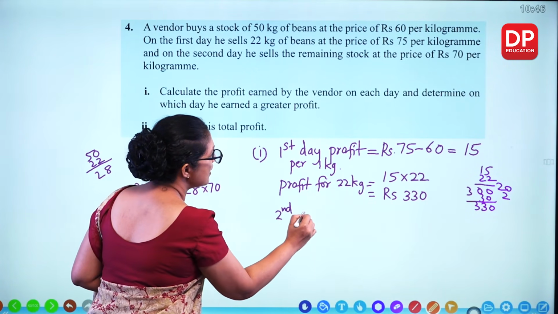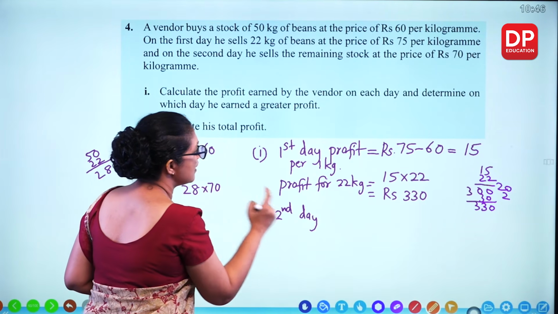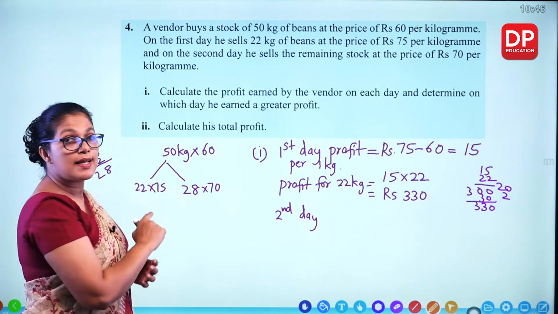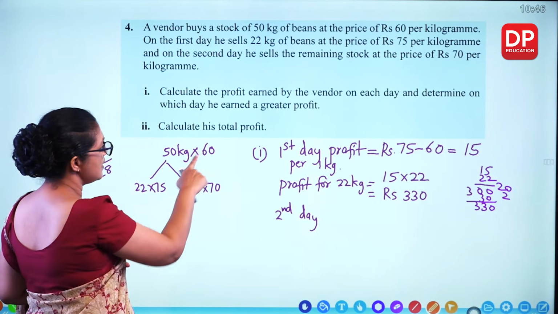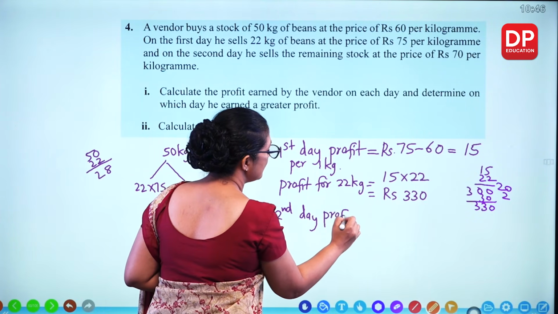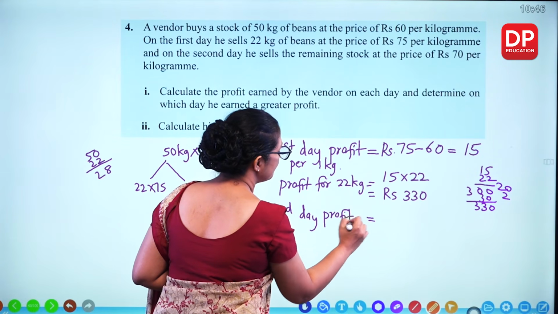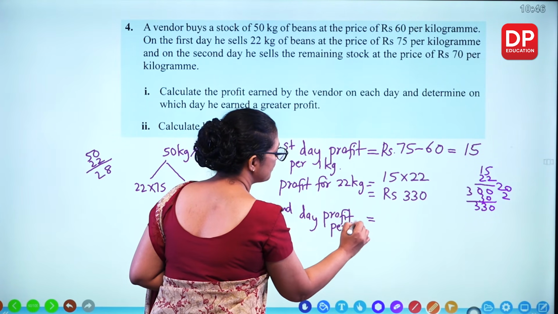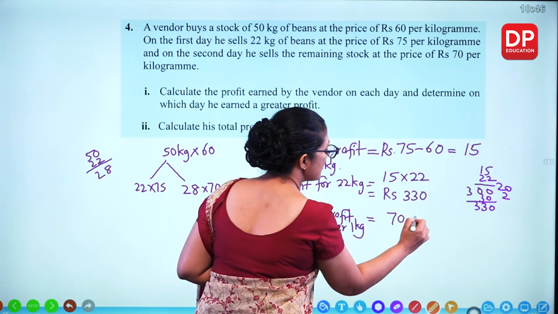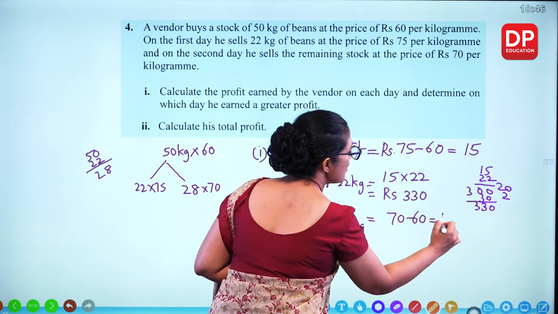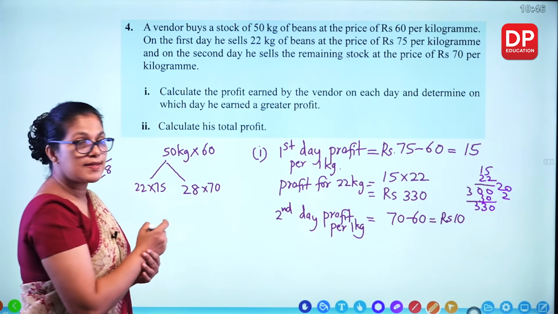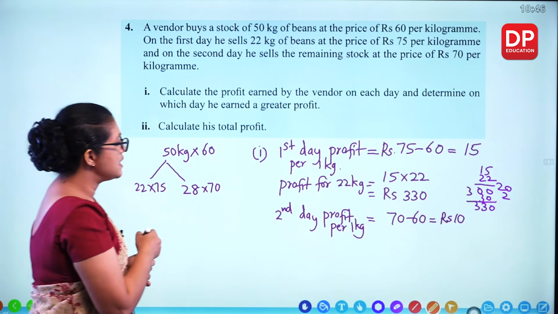Then second day. Second day, what's the price? Selling price 70 and here 60. Second day profit per kilo is 70 minus 60. That's 10 rupees. So how many kilos? In the second day he sold 28 kilos.